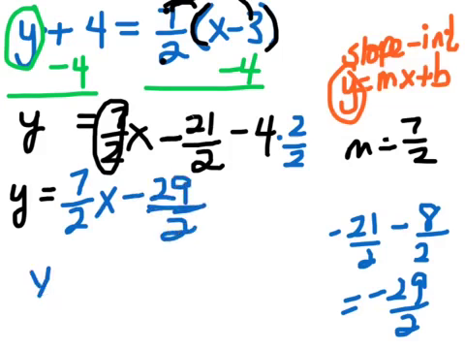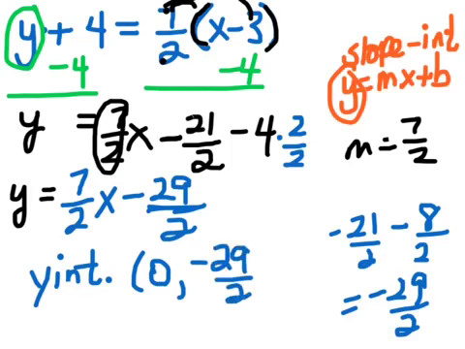My y-intercept here is not very pretty. We wouldn't have wanted to graph from this form because that would be kind of hard to graph that point and then count up 7 over 2 because it's not falling on those little square corners that are easy to count. My y-intercept here would be x is 0, y is negative 29 over 2, and you could think of that, if it helps, as negative 14.5.